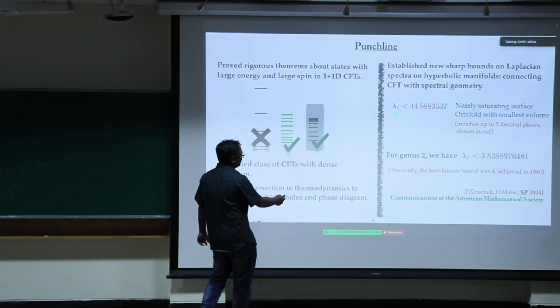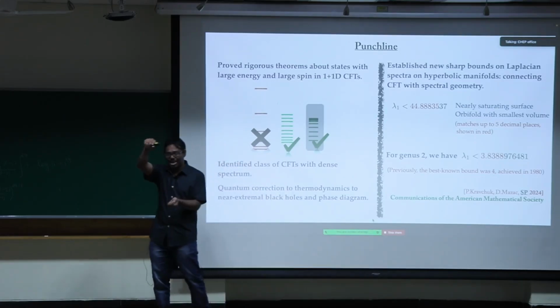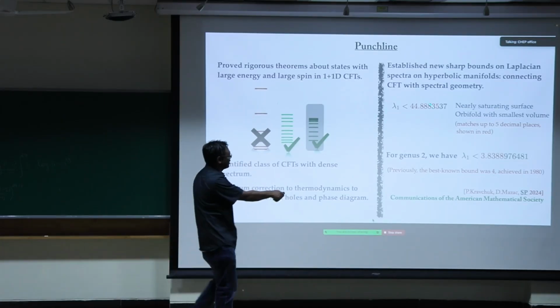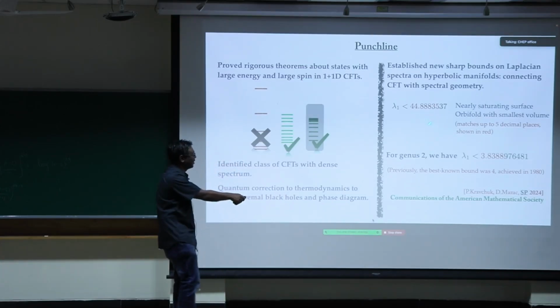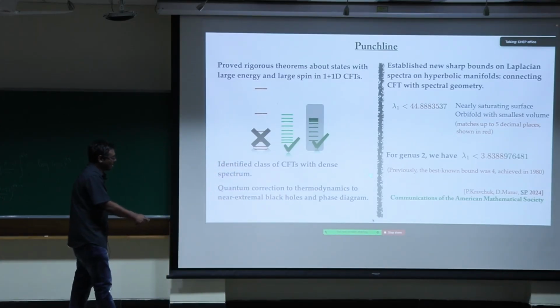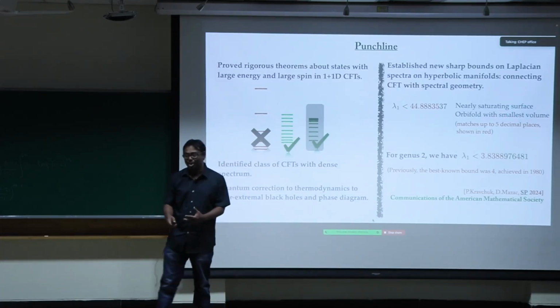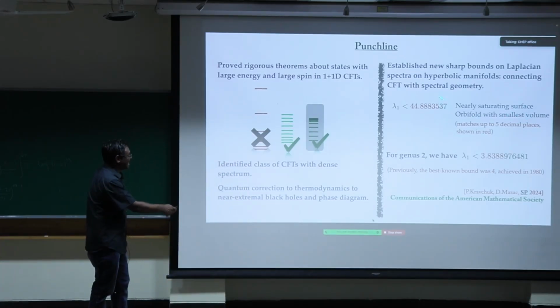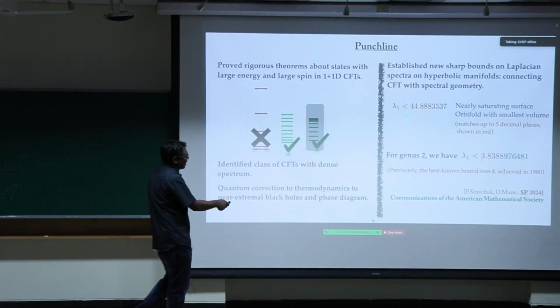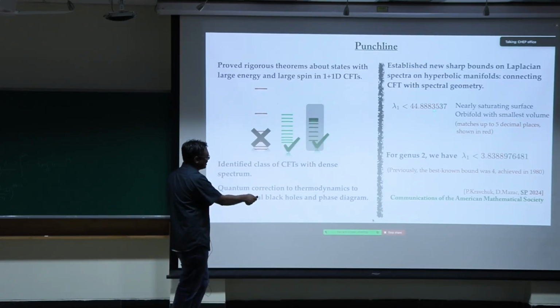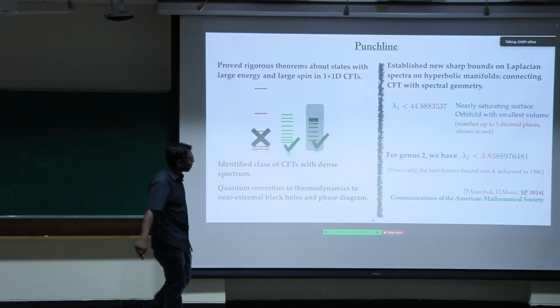We can show that lambda 1, the first non-trivial eigenvalue, is less than 44.8883537. And not only that, we can find a nearly saturating surface, an orbifold with the smallest volume, which saturates this bound up to 5 decimal places. The red digits signify that there is actually a surface which saturates up to this point.